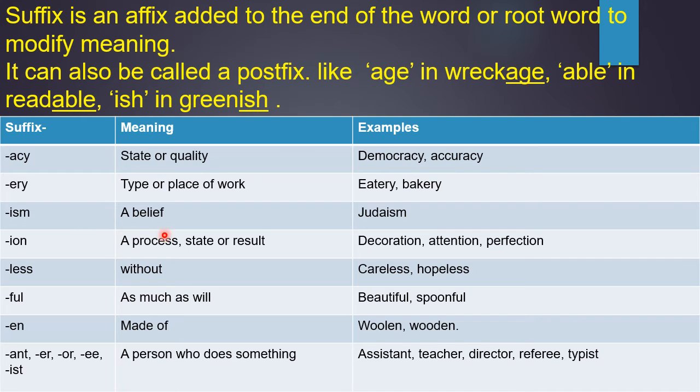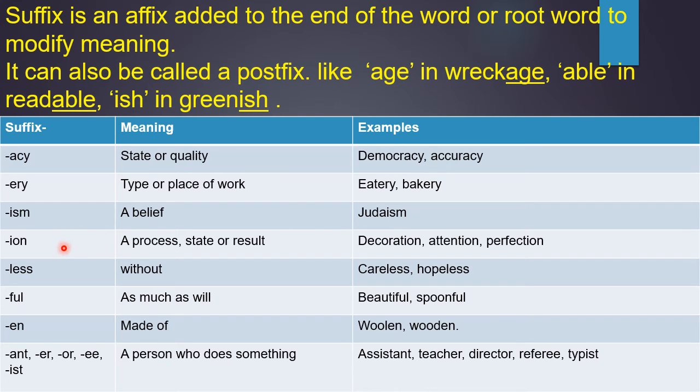Ism means a belief. Ism means what? A belief. So whenever you see any word that has ism in it, you know that word is just trying to tell you the belief of some people or some religion. So now we have the example Judaism. That is people that believe in the Jewish tradition or religion.